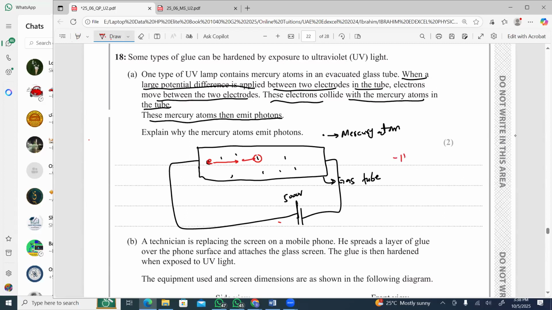High speed electrons deliver their energy to mercury atoms. Okay, and due to that, mercury atoms are excited and move to higher energy levels.